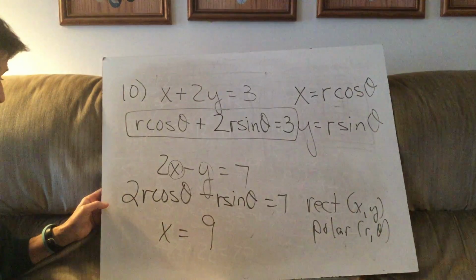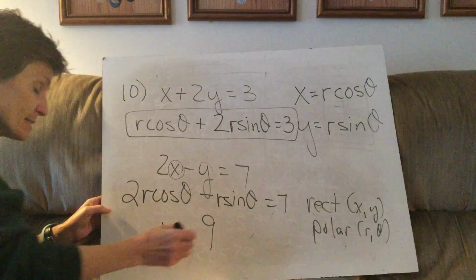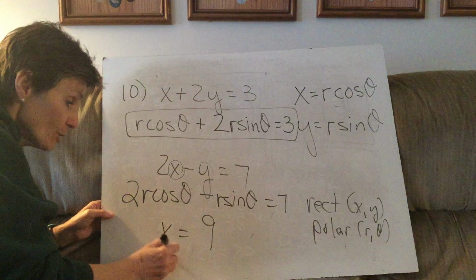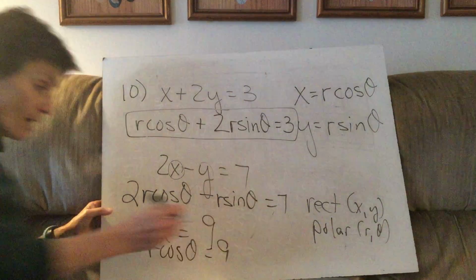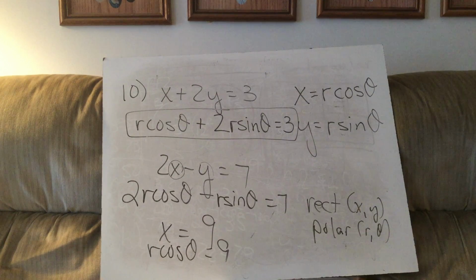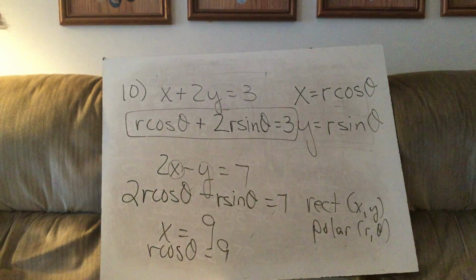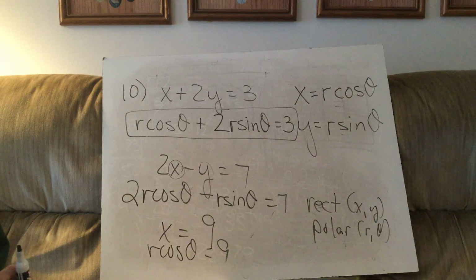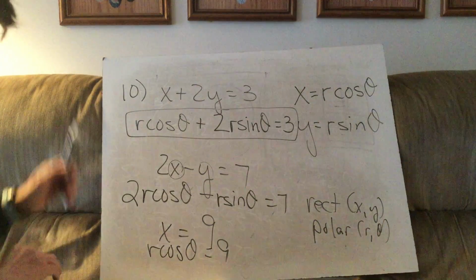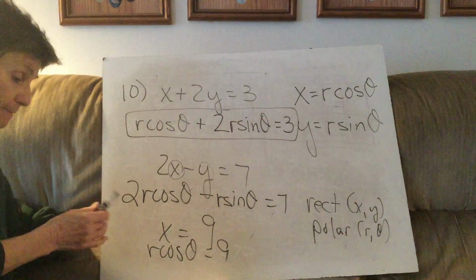Done. And this one, exactly the same thing. R cosine theta equals 9. And that's it. So, number 10 is done. That's all there is to it. Make sure those are highlighted in your notes.